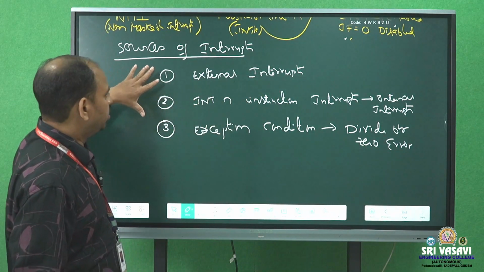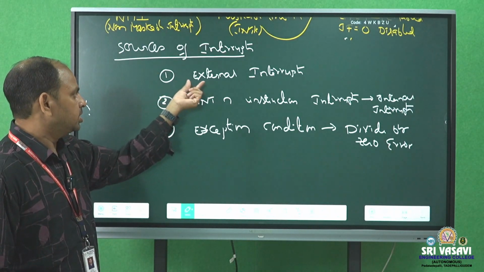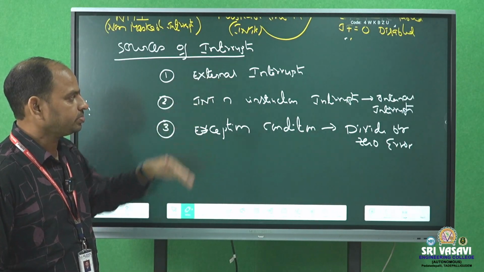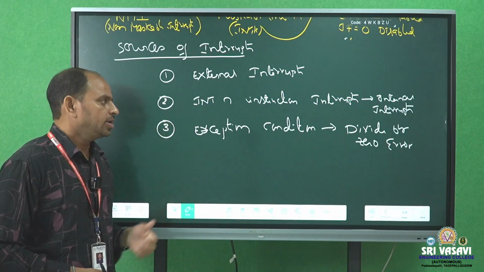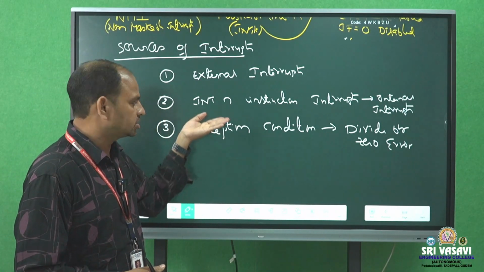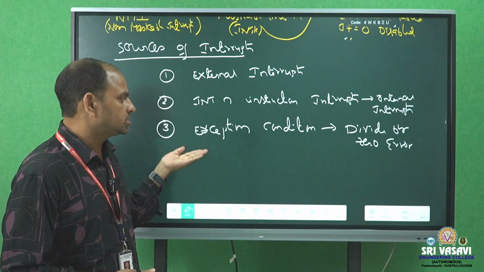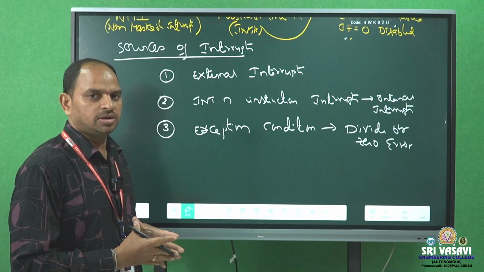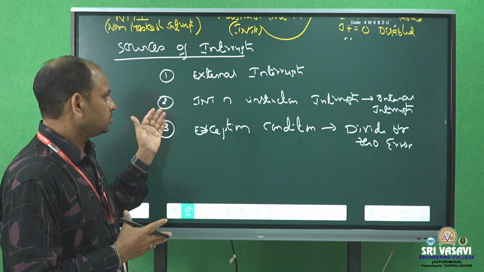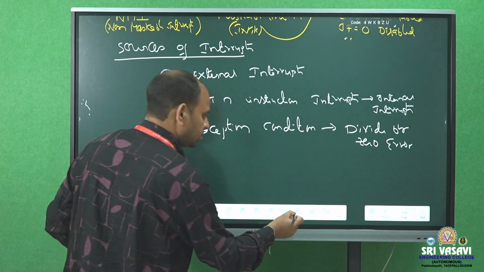So because of these three reasons, we are getting interrupts: external interrupts generated by external devices, internal interrupts generated due to execution of the INT N instruction, and some interrupts generated due to exception conditions like divide by 0 error. These are the main three causes of interrupts.